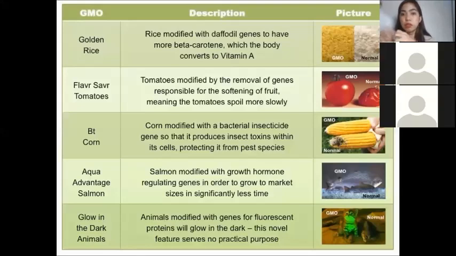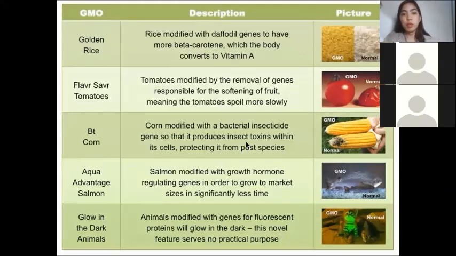What are those desired traits? The traits that can slow down the spoilage of the tomatoes. So, from the normal one, which spoils easily, to the genetically modified organism.